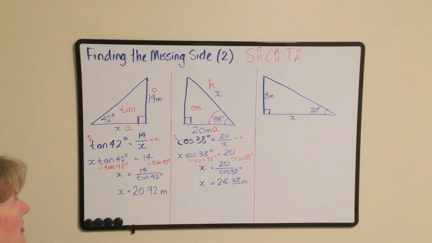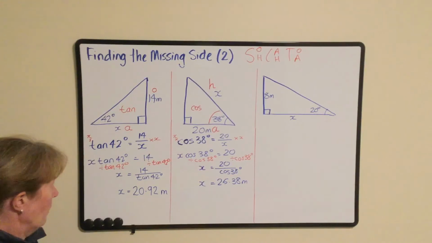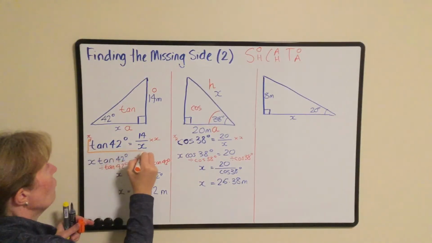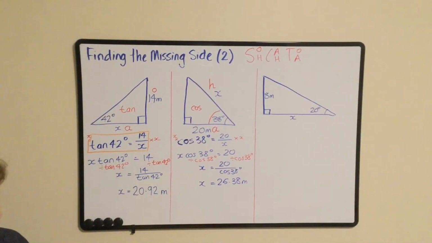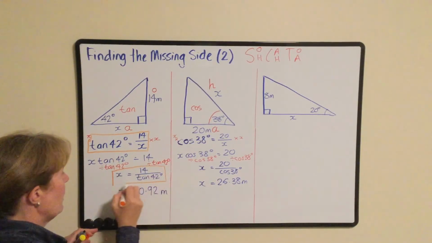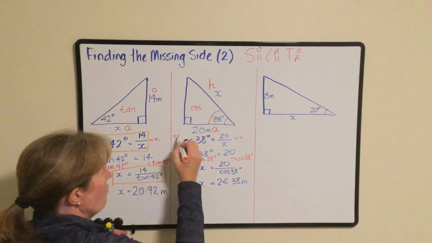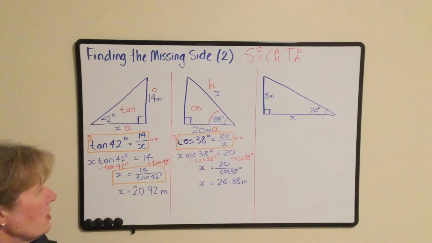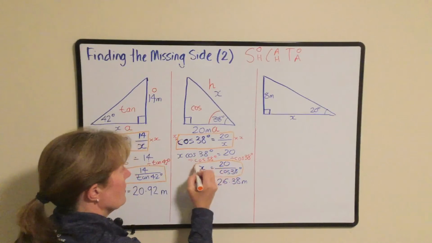Now, before we go on to the third one, let's see if we can work out a quick way of doing these. A little bit of a cheat. You'll notice here, I'm going to change my colours. My first line of working out was this one, tan 42 equals 14 over x. But by the time I'd done my algebra, I had x equals 14 over tan 42. In the second question, my original statement was that cos of 38 was equal to 20 over x, but by the time I was putting it into my calculator, I had this.